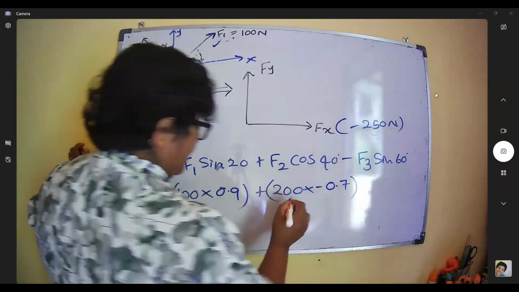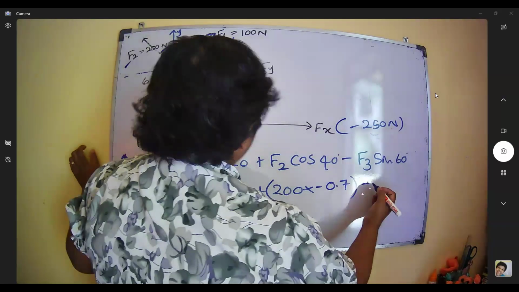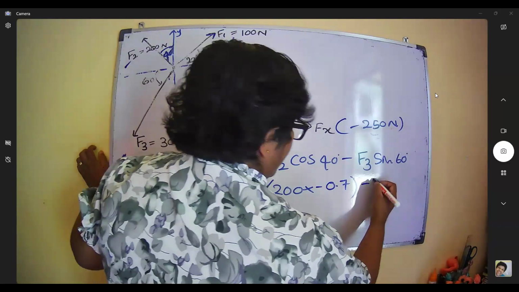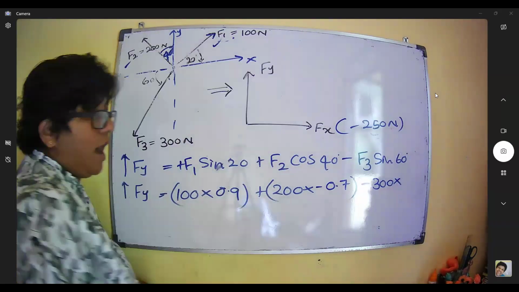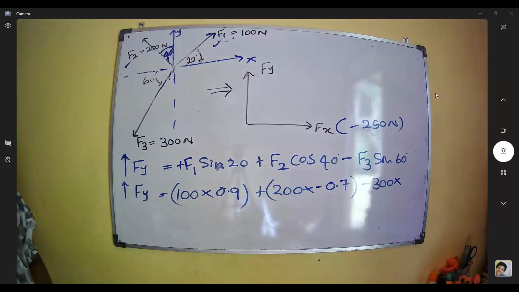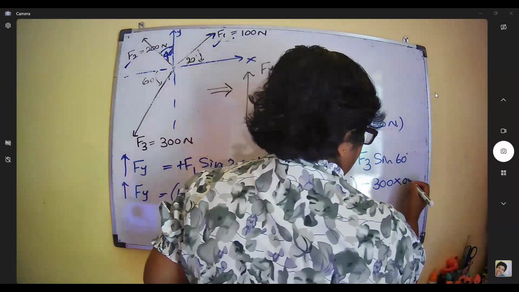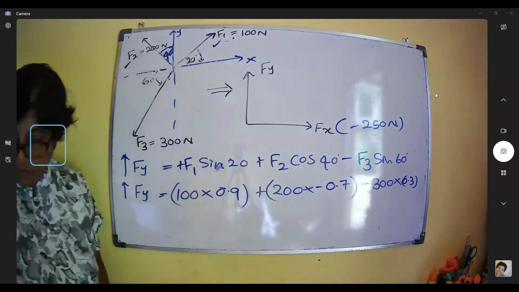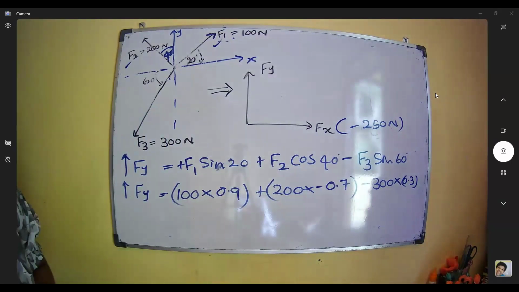Please check, right? And F3 is 300 sin 60, half square root 3 by 2, minus 0.3. Please check again, right?